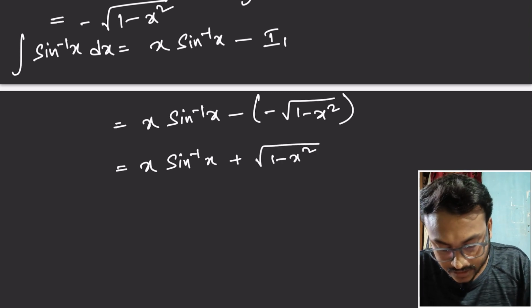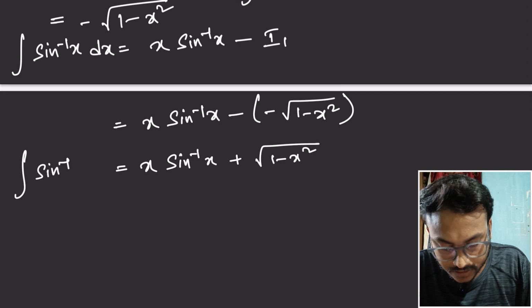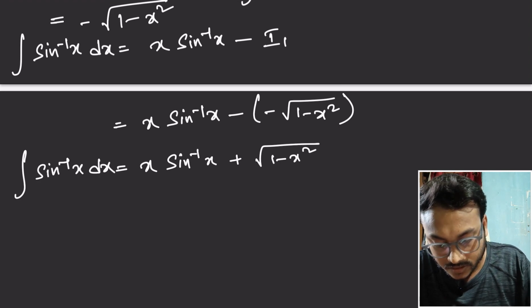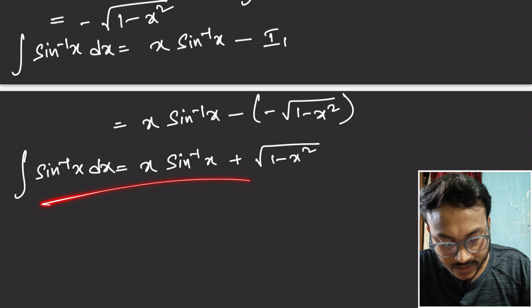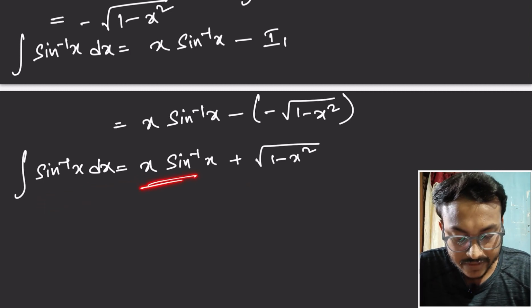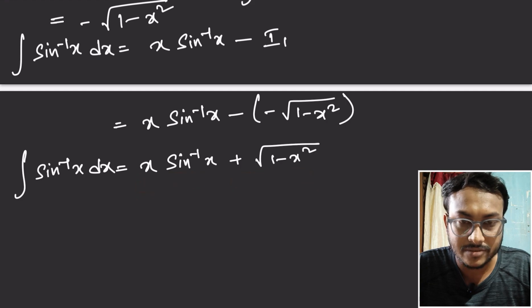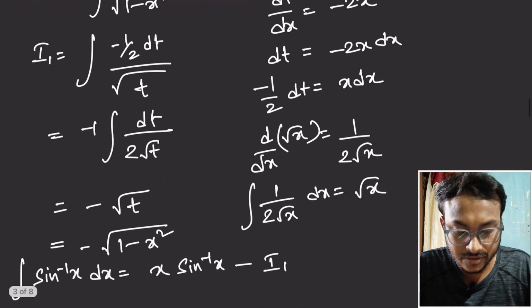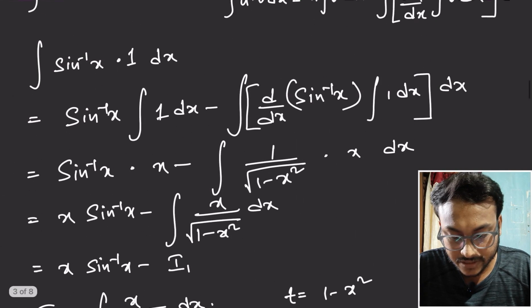Okay, this is integration of sine inverse x. What is integration of sine inverse x? x sine inverse x plus root over 1 minus x square. So this is how you solve integration of sine inverse x.